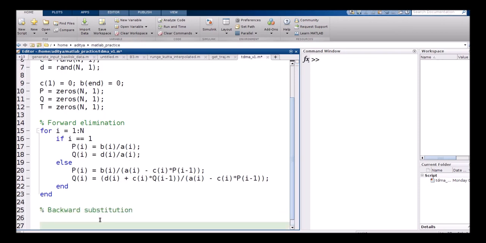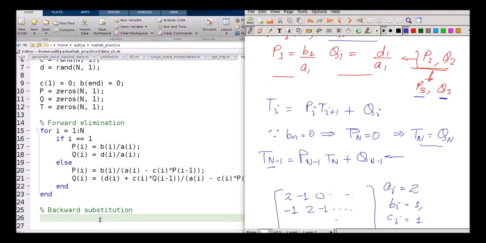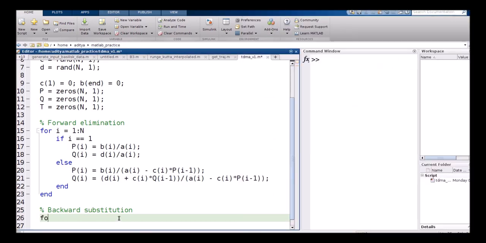Because it's a backward substitution, we must loop from n to 1. So for I equal to n minus 1, 1. This is a short form of writing that I has to go from n to 1 in steps of minus 1.